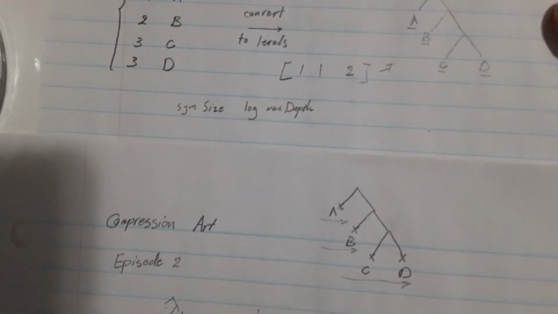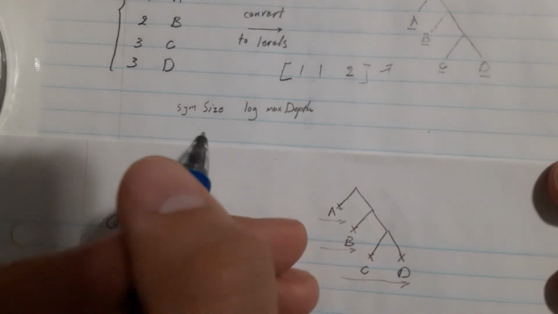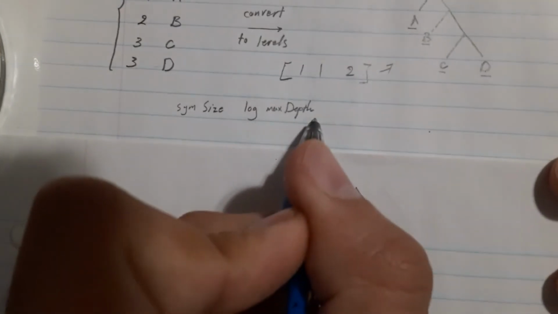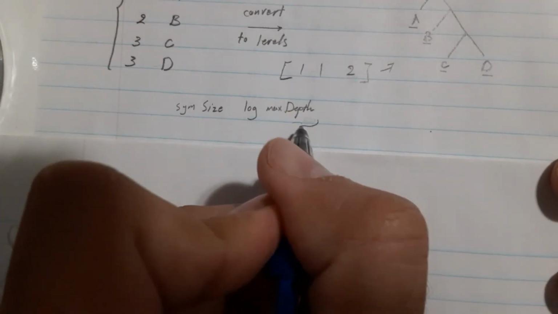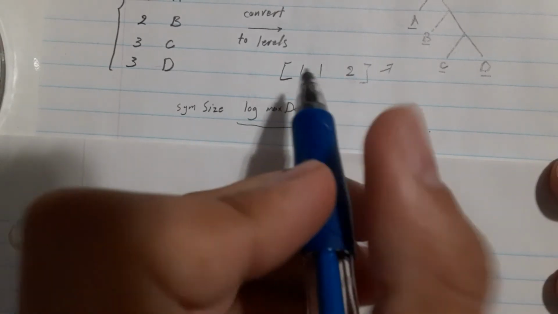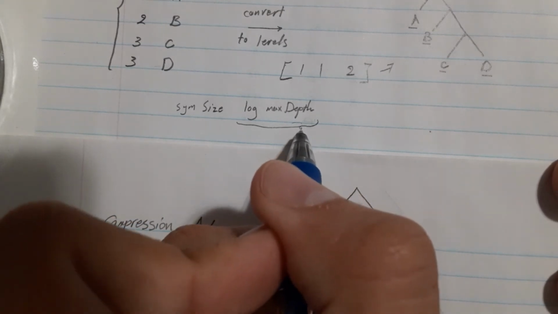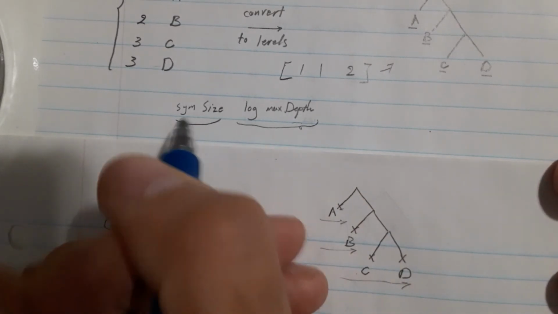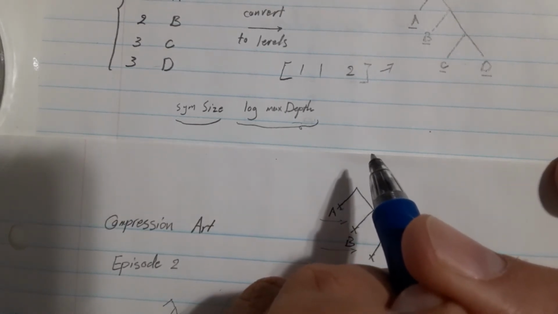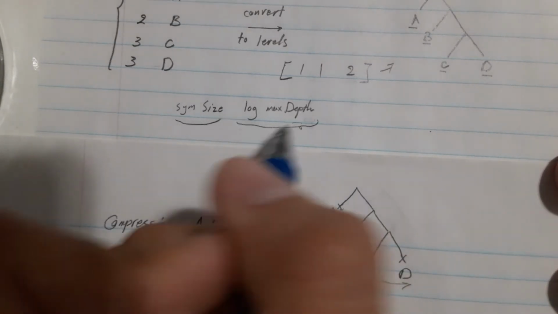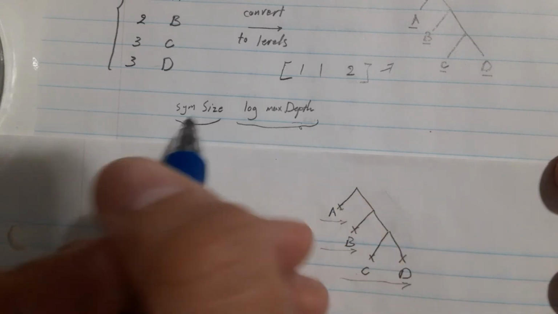All right, let's see how many bits, how much information, we should send for this kind of representation. You see that for representing each of these numbers, we have to use logarithm of the maximum depth, and we have to repeat it for each symbol. And in total, this is not that much.